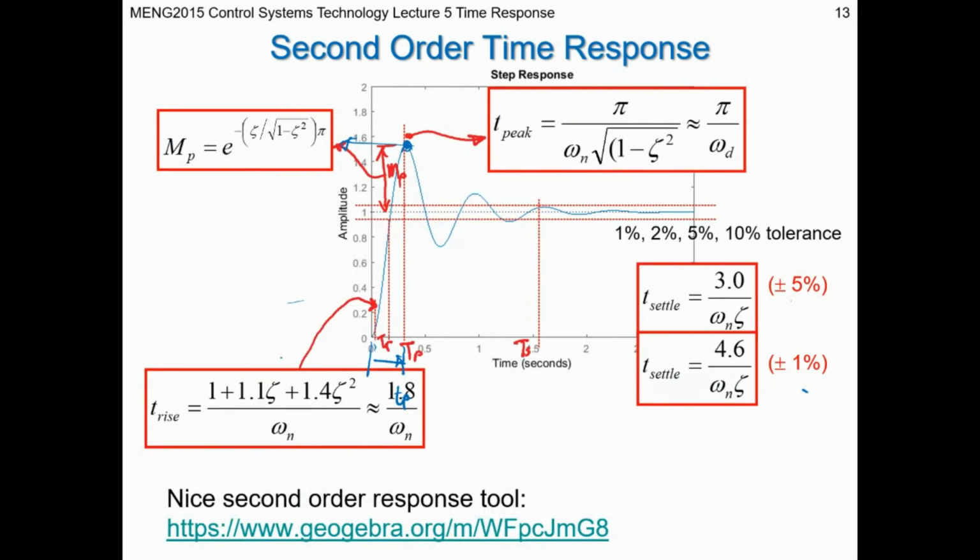So that's settling time. And then rise time: this equation is used, 1 plus 1.1 zeta plus 1.4 zeta squared over omega n, but that can be approximated to this one, 1.8 over omega n. So I won't penalize you for just using this shorthand version in the exam.